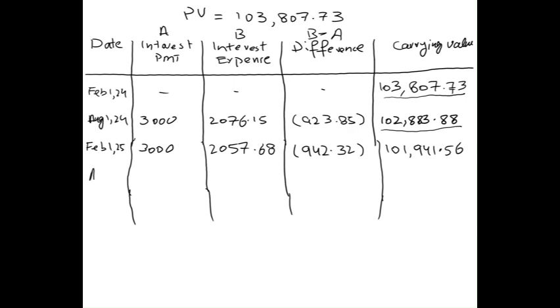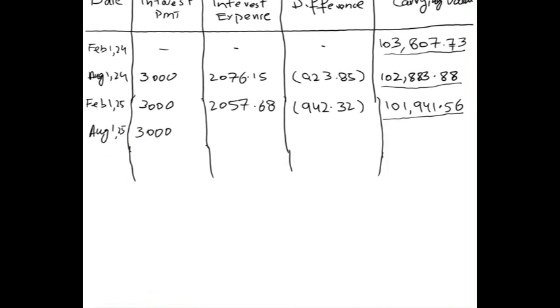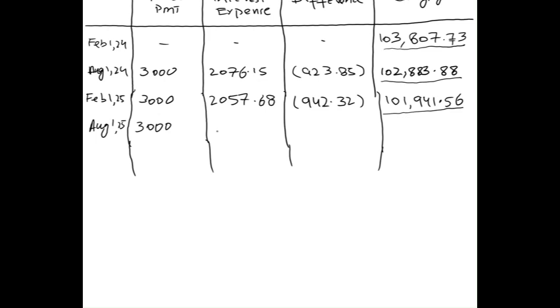Then we have August 1st, 25. Again, interest payment 3,000. Interest expense will be, again, now this carrying value times the market rate, which was 2%. So this should come out to be 2,038.83.